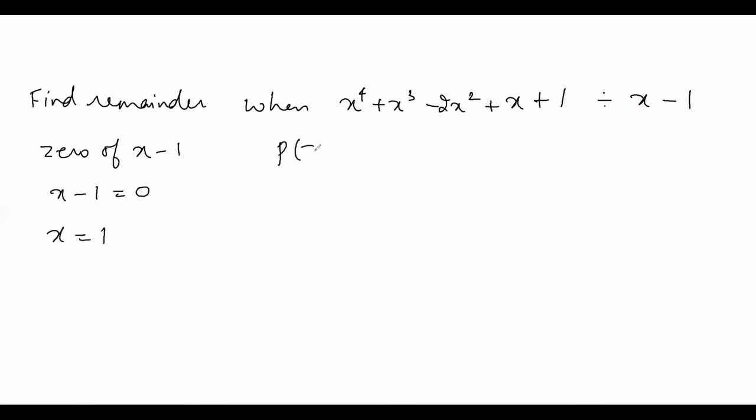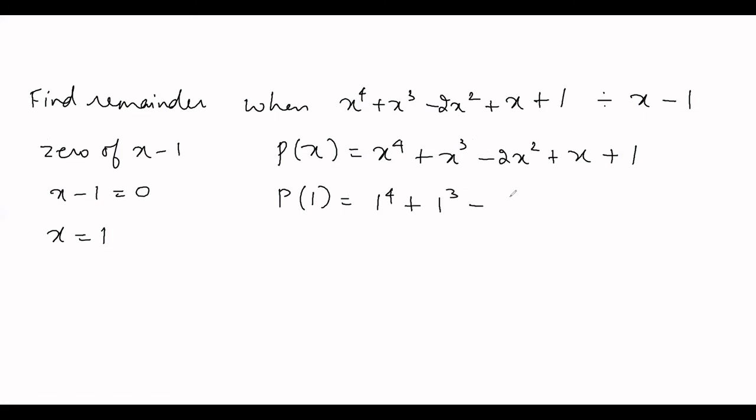So let me put p of x, which is x to the power 4 plus x cubed minus 2x squared plus x plus 1. I will put x is equal to 1. So I find p of 1, which is 1 to the power 4 plus 1 cubed minus 2 into 1 squared plus 1 plus 1. Let me simplify this. 1 plus 1 minus 2 plus 1 plus 1.